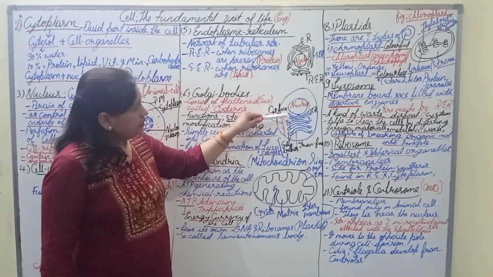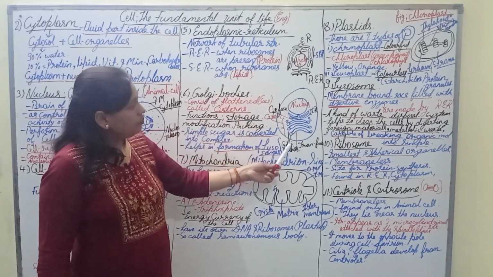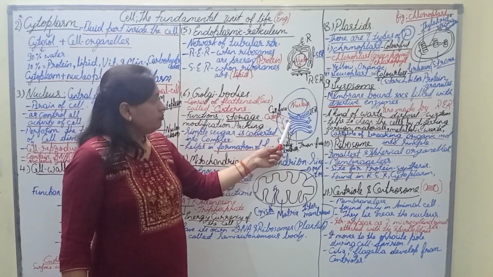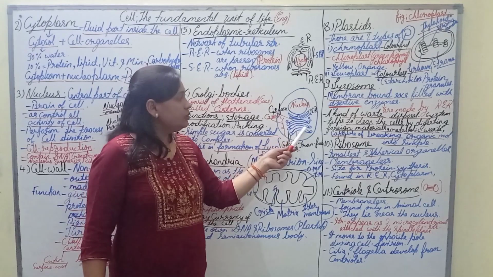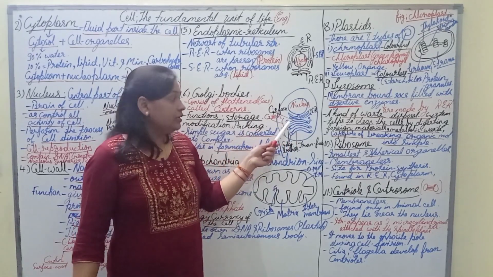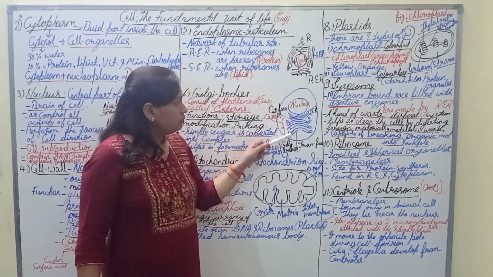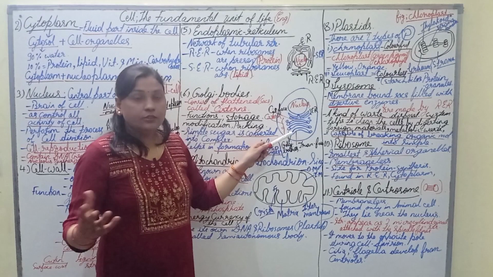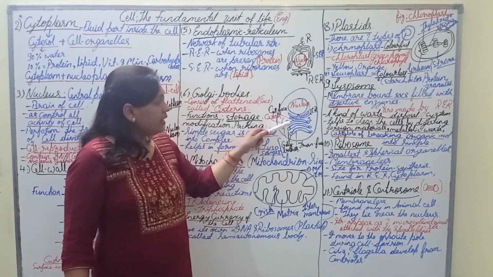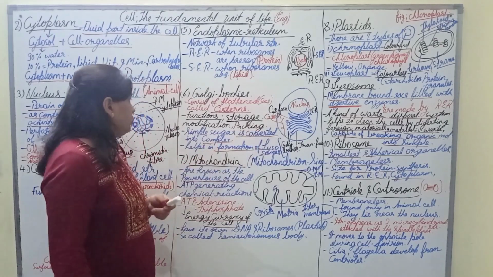This Golgi body is present in between the nucleus and plasma membrane. One part of the Golgi body faces towards the nucleus, and that part is known as the cis face, while the other, deeper part of the Golgi body faces towards the plasma membrane, and that part is known as the trans face. So this is the Golgi body.